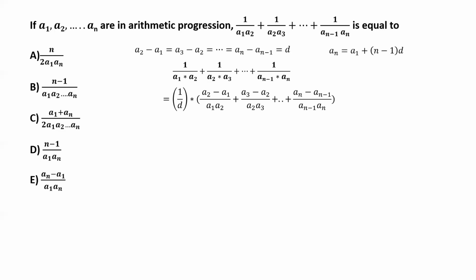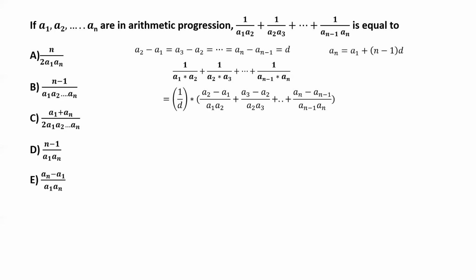And then for maintaining parity, I have to divide the whole expression by d, because a2 minus a1 is equal to a3 minus a2 is equal to an minus an minus 1 is equal to d. That's what we wrote down in the very first line of the problem. That's what defines the arithmetic progression, right? So in order to maintain parity, I have to divide the whole thing by d.